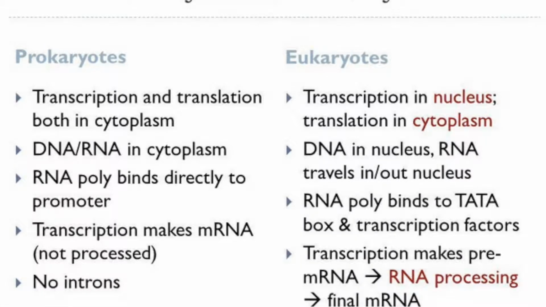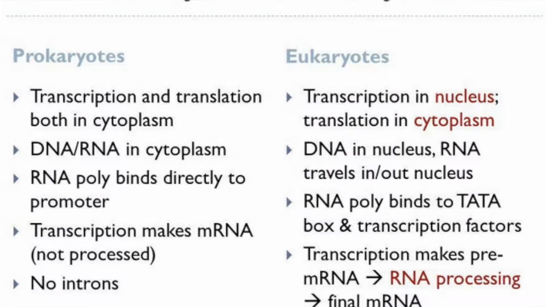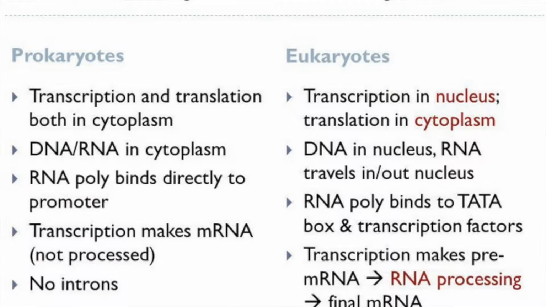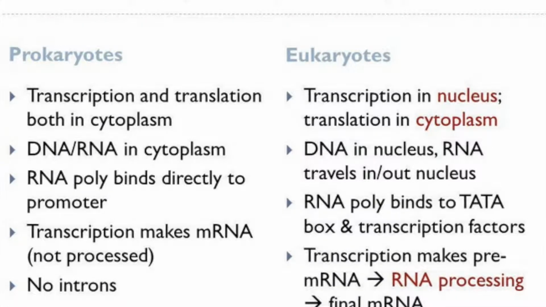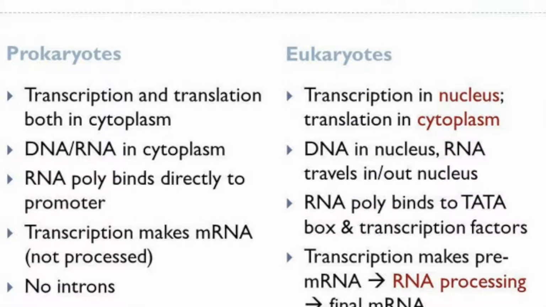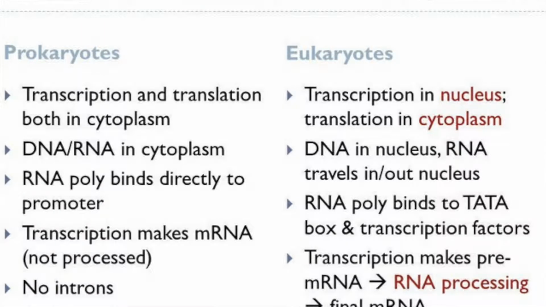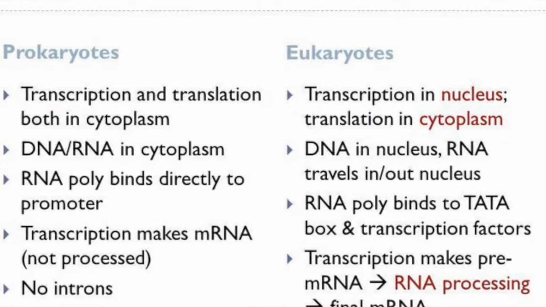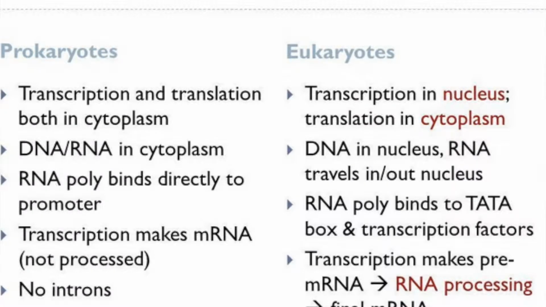The main difference is that there are no introns in prokaryotic RNAs. They are ready to be translated as they are produced. There is also no 5' methyl G-cap and no poly A tail in prokaryotic RNA.